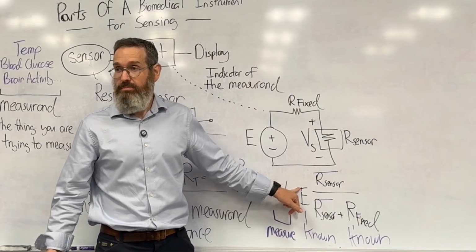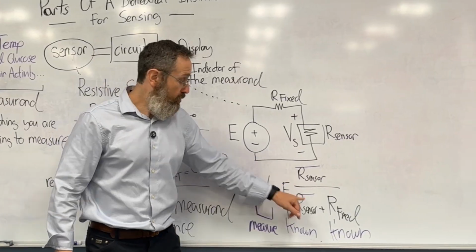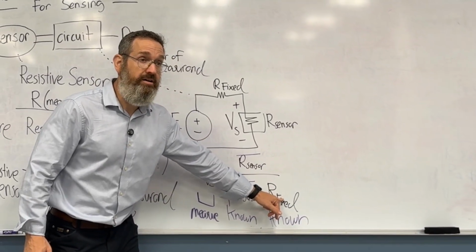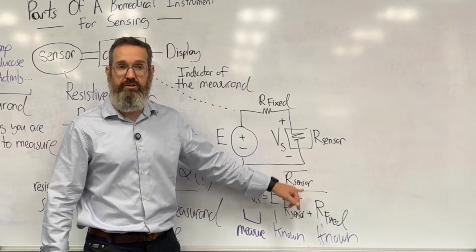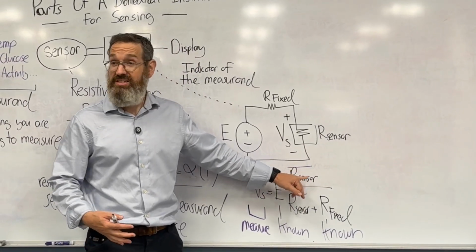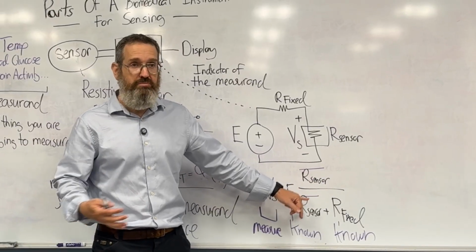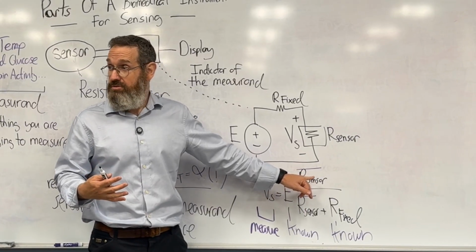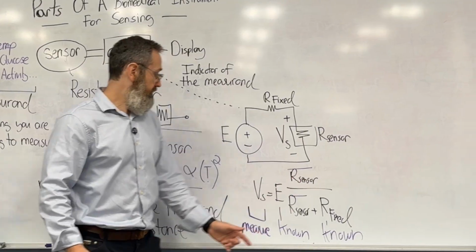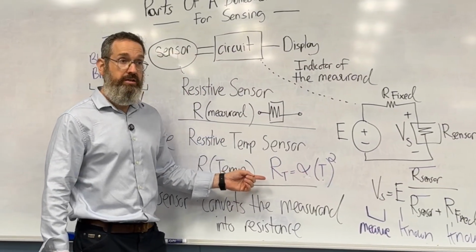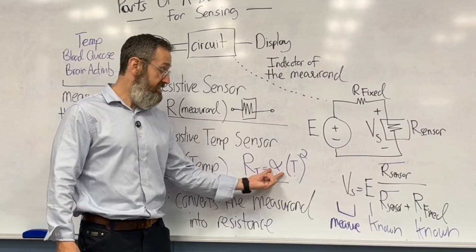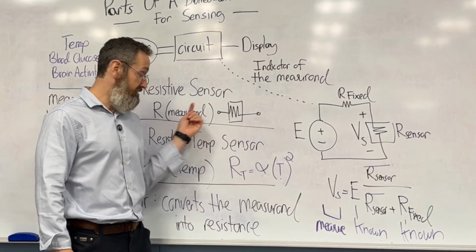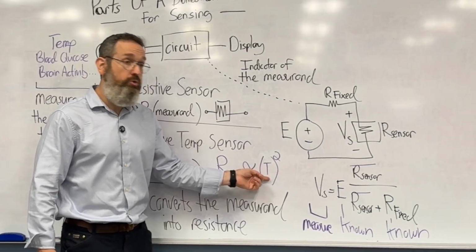Because we designed it. We picked it to be something. We picked this resistor too ahead of time. We can calculate what our sensor is using the voltage divider equation, and we'll get some value in resistance. Maybe it's 2 ohms. Maybe it's 1,000 ohms, right? And then we will go to this equation here, and then we will plug in 1,000 ohms here. We know what this is, right? Because we picked this instrument, and now we have to solve for one unknown.